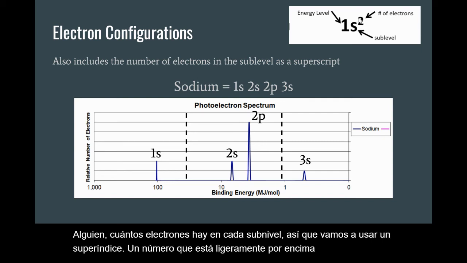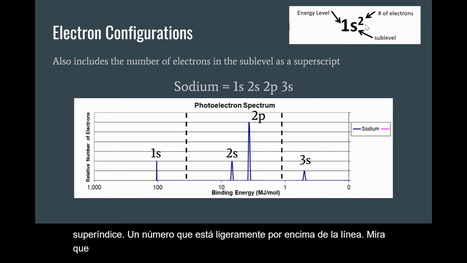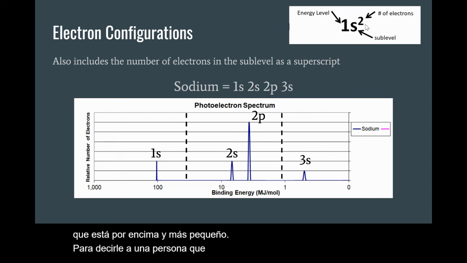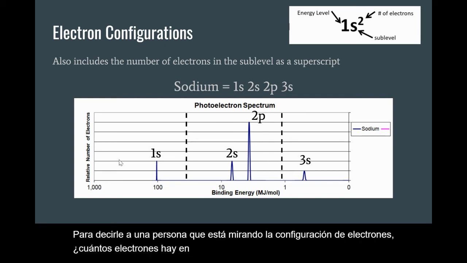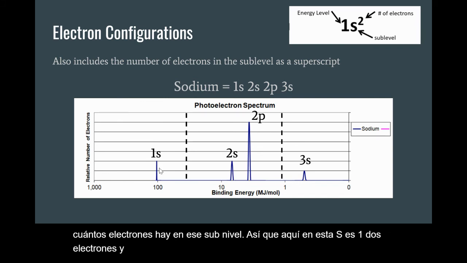See, it's above and smaller, to tell a person who is looking at an electron configuration how many electrons are in that sublevel. So here in this 1s, it is 1, 2 electrons, and I'm just counting the height of this peak. On this chart, every line is 1 electron.